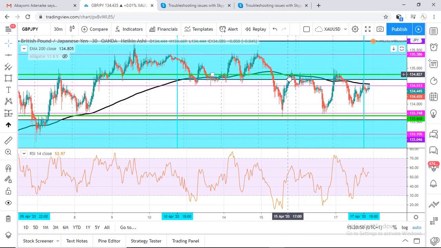The zone above this lemon is the first zone, the zone between these two lemons is the second zone, and the zone between this and this particular shaded line color is the third zone. Price in the last week is between the second and the upper zone. So price was not able to break below this zone. That is what you can see.